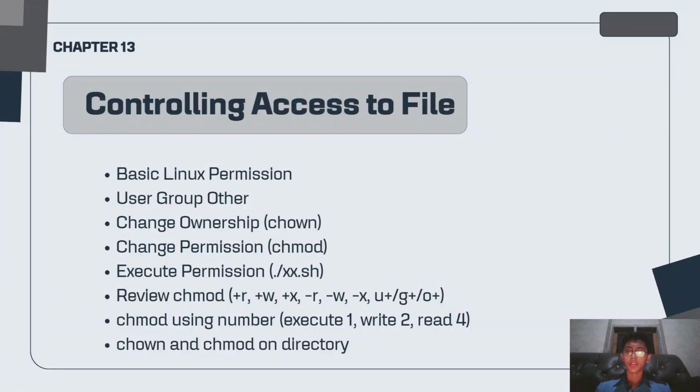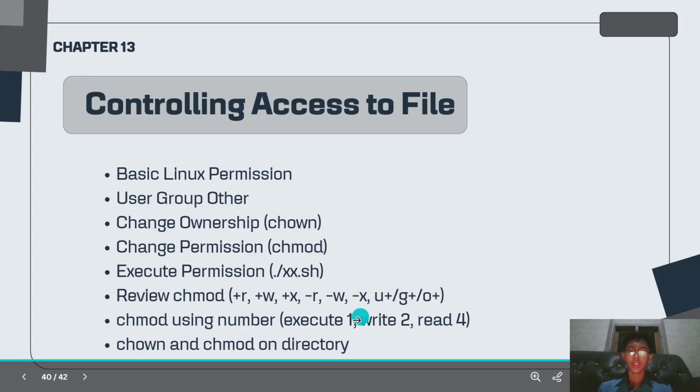So in chapter 13, which is controlling access to files, I will give you some material about basic Linux permission, user group order, changing ownership using chown, and then changing permission with chmod, and then execute permission, reviewing chmod, and then chmod using numbers, like for execute it is 1, for write it is 2, and read it is 4.